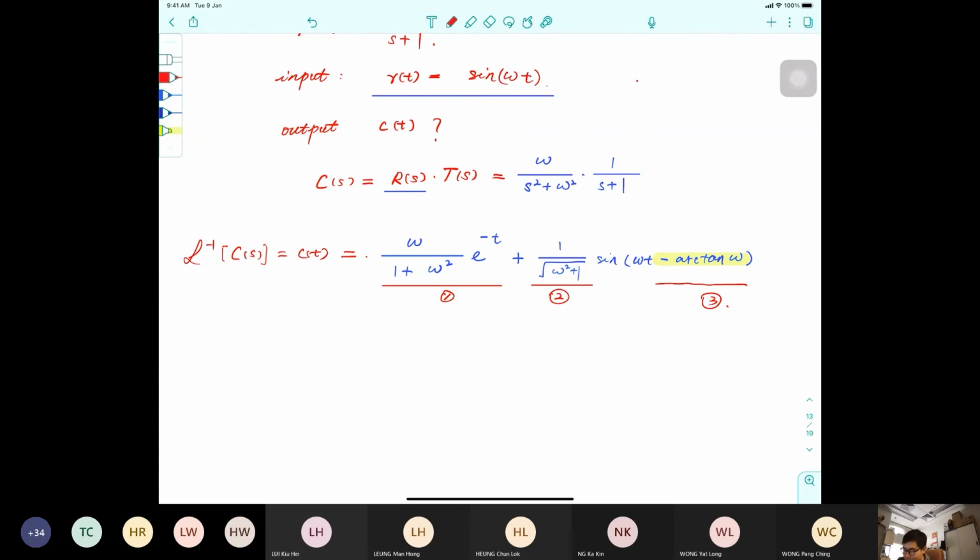Okay, for the first element, when time becomes infinity, what does it equal? When time limit goes to infinity, the first element is 0, right? So there's no need to consider this one.